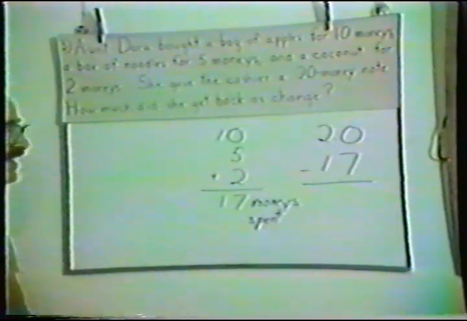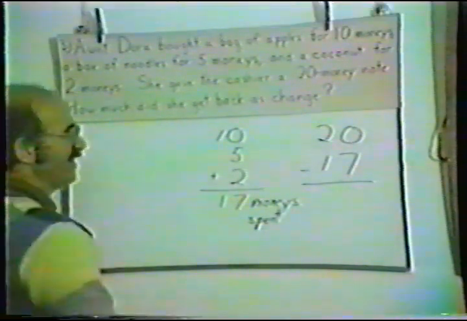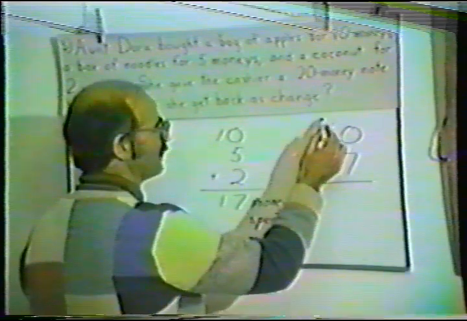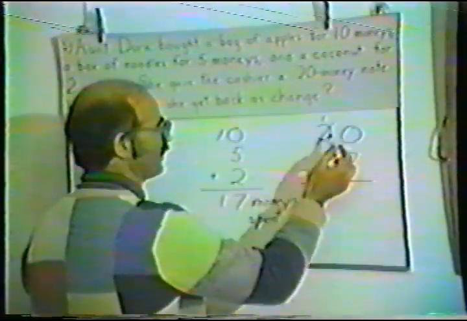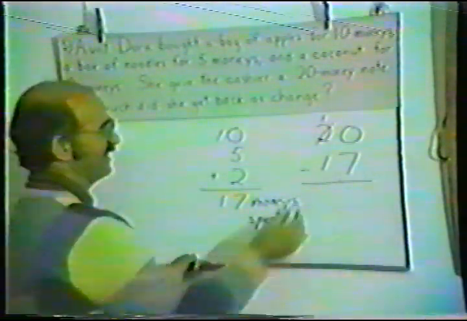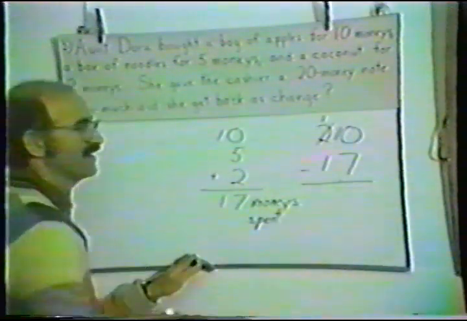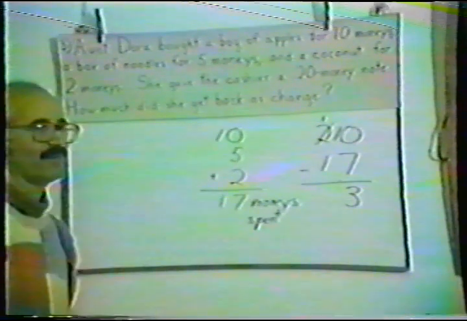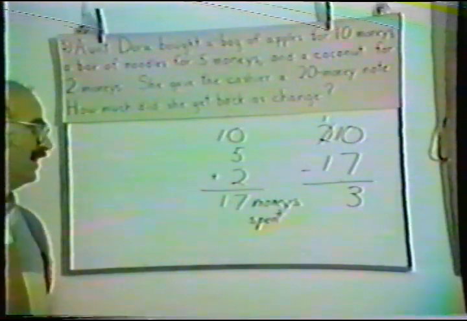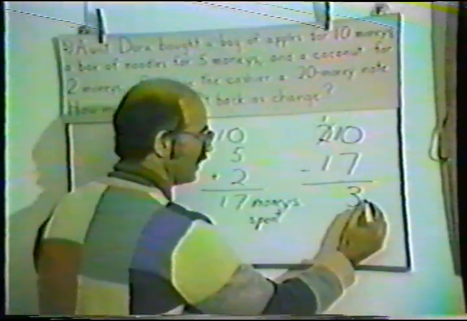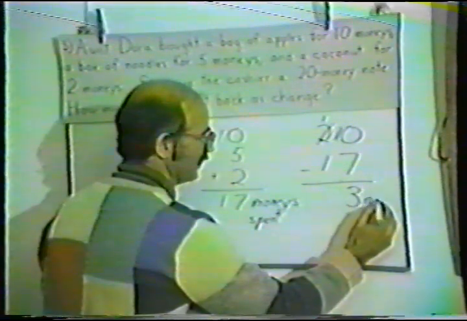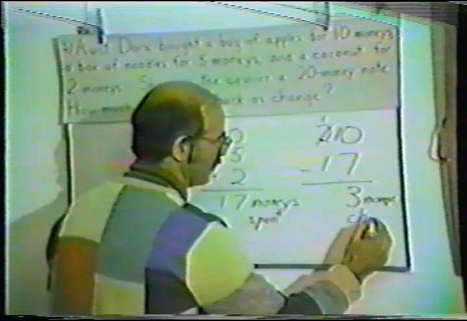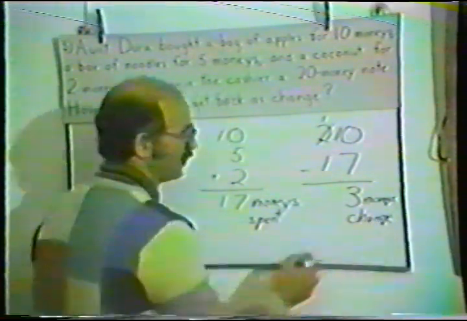You can't do. So we have to borrow. The 2 becomes a 1, so the 0 can become a 10. 10 take away 7 is 3, and 1 take away 1 is 0. The answer is 3 what? Monies left. 3 monies left, or 3 monies change.